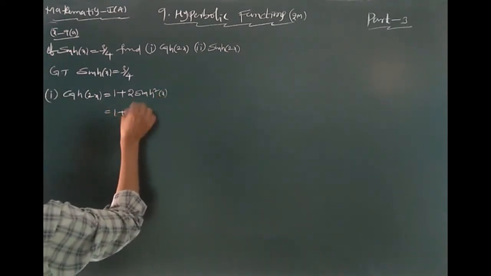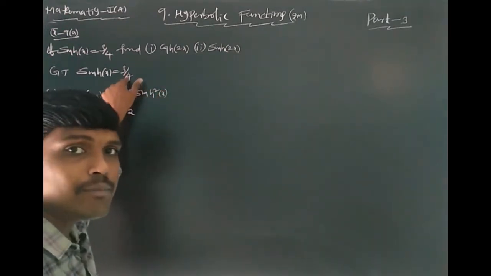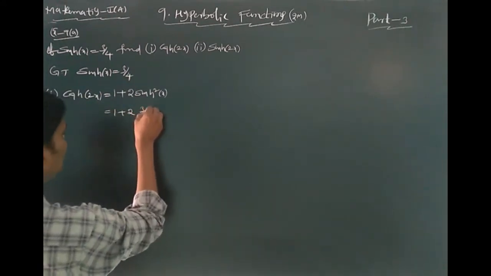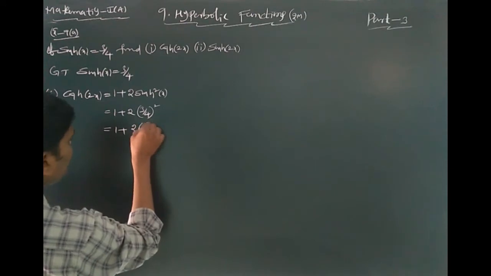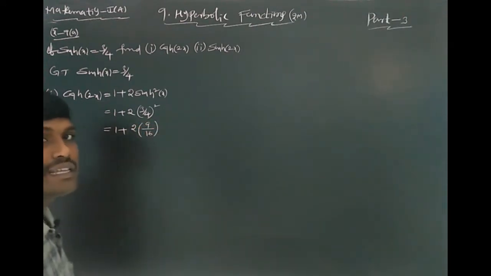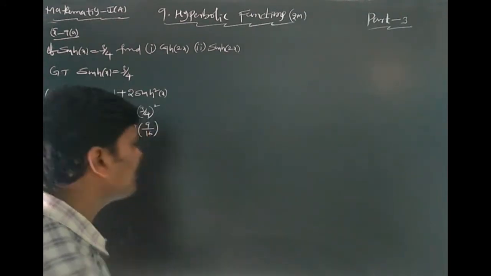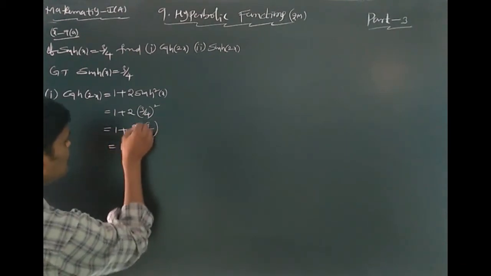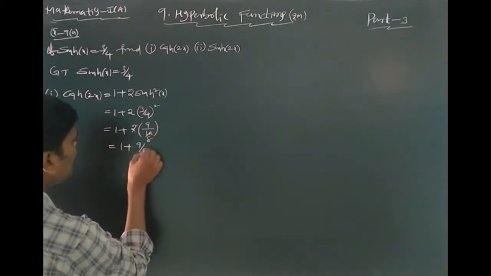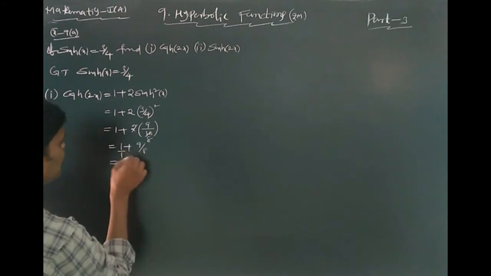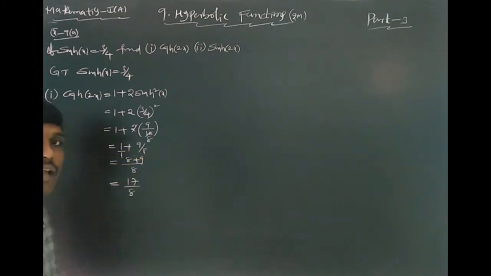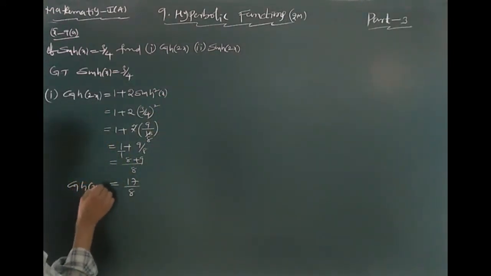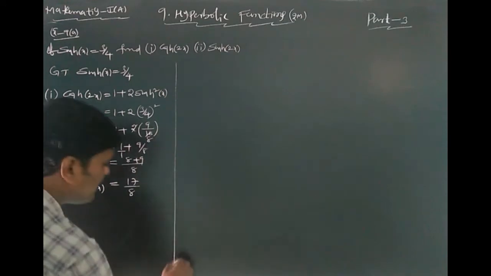You know that sinh x value is 3/4, so you can write 1 plus 2 into (3/4) whole square, which is 1 plus 2 into 9/16, equal to 1 plus 9/8. Take LCM 8: 8 plus 9, you get 17/8. This is the value of cosh 2x. Cosh 2x is completed.